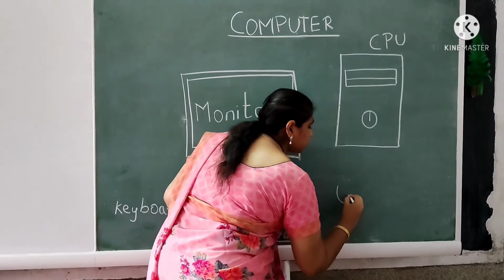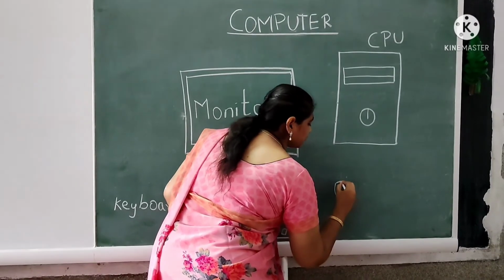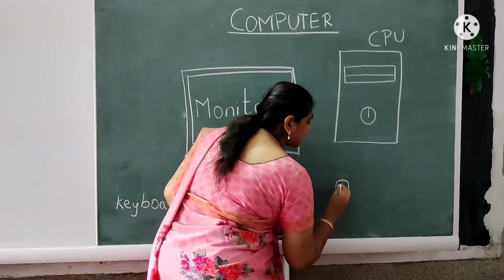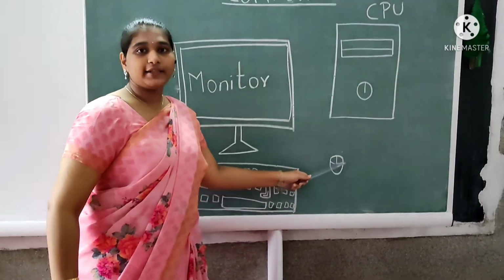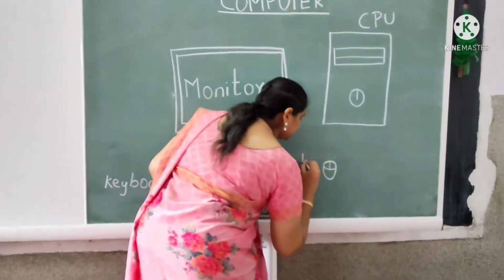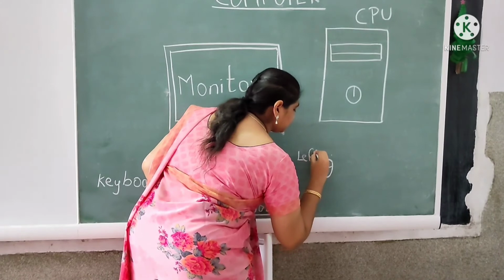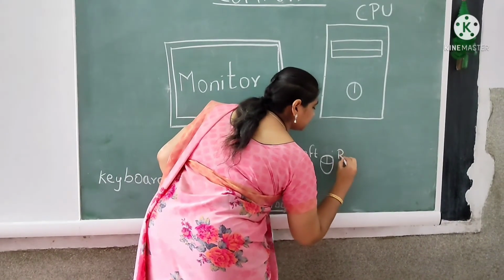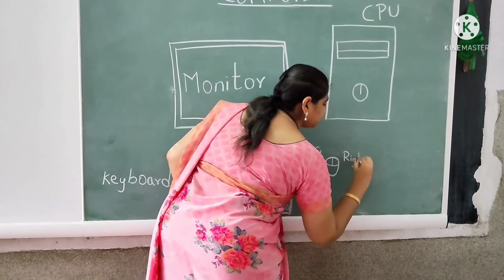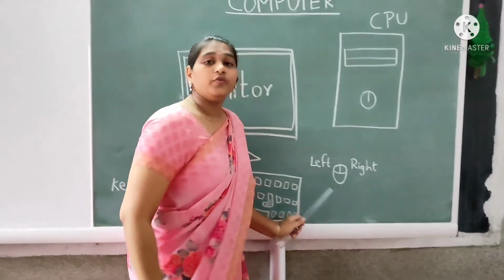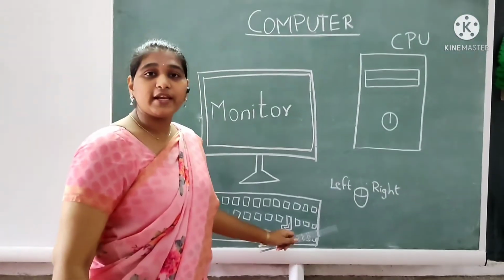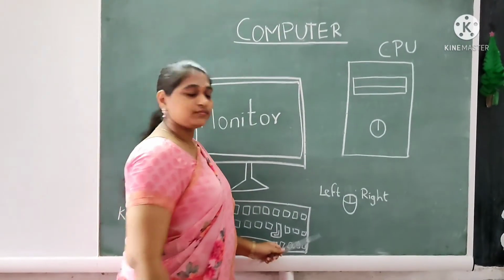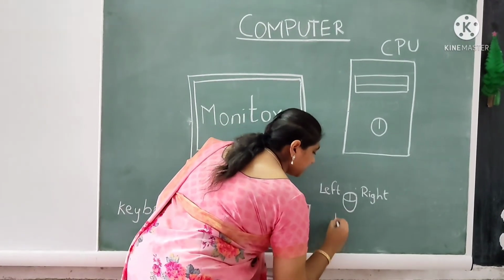This is a mouse. It has two buttons, children. This is the left button and the right button. And now we will learn the spelling of the mouse. What is the spelling of the mouse, children?